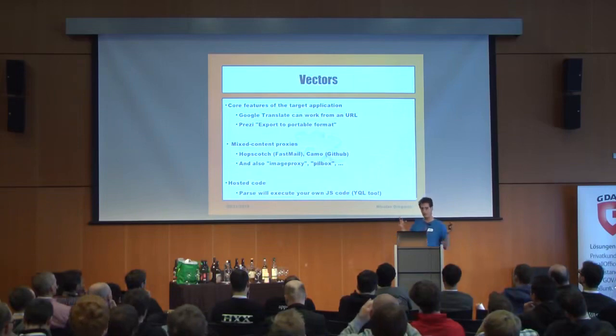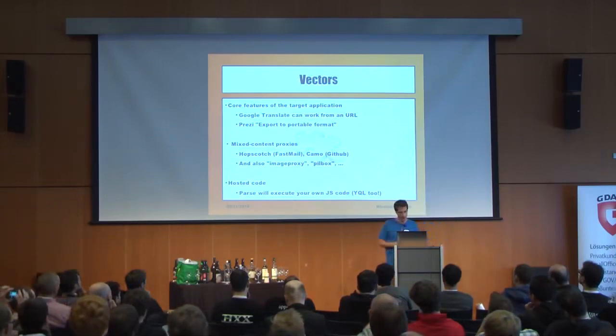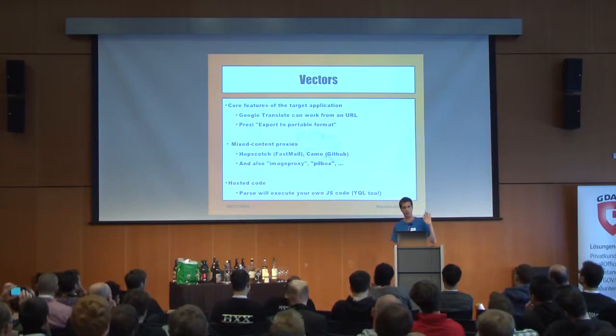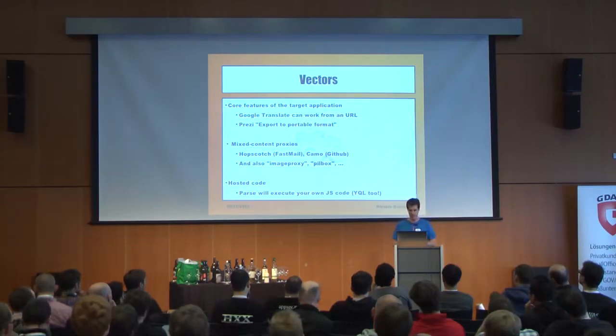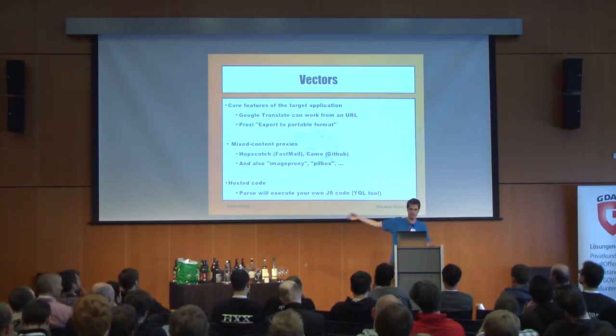Parse.com, which is a Facebook company, allows you to store your own JavaScript code on their servers and then execute it. So my first idea was to develop a Node.js port scanner and execute it on Facebook servers. And it worked well.